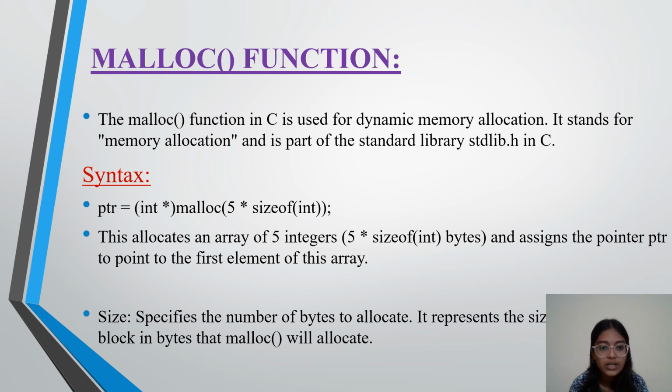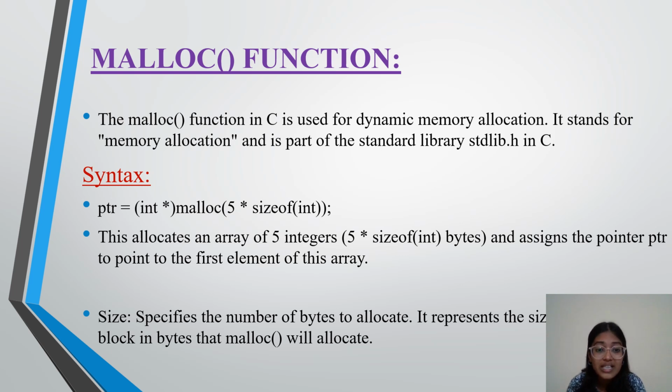The malloc function stands for memory allocation, and it is a part of the standard library in C. So the malloc function in C is used for dynamic memory allocation. Okay. The syntax for the malloc function here is: we are assigning a pointer, int star, malloc of 5 star size of int, meaning the size should be the size of all the five integers we are assigning in the memory allocation.